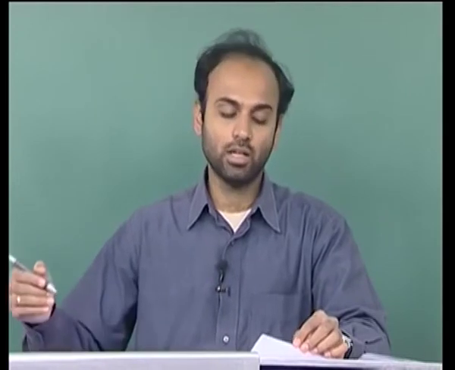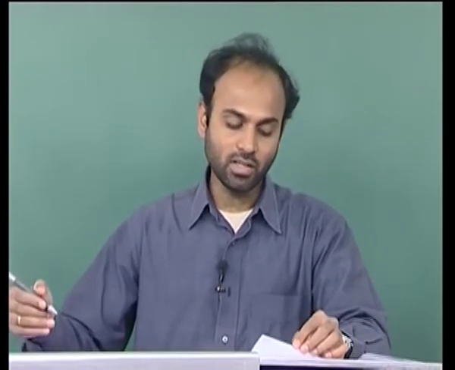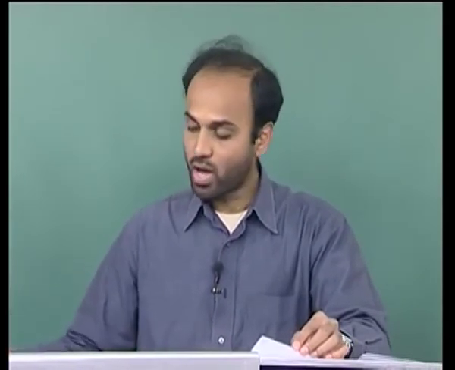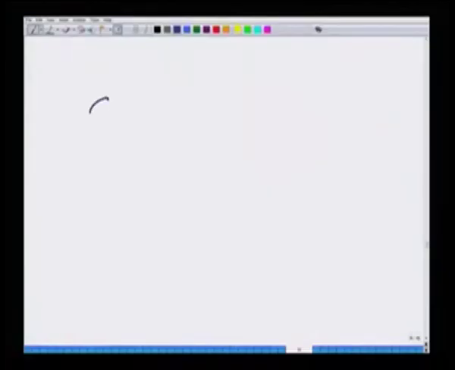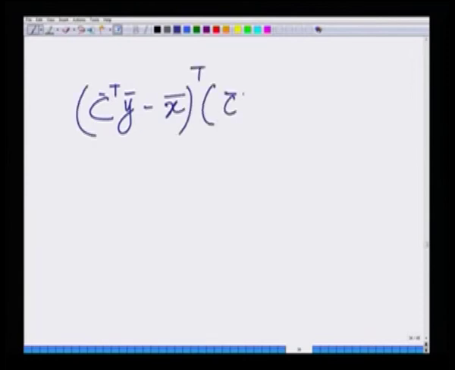So, next, naturally, we have to start with computing the squared error and then the mean squared error. First, let us start with computing the squared error. The squared error is simply C bar transpose y bar minus x, times its transpose.